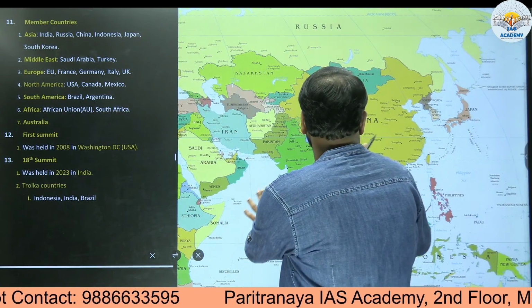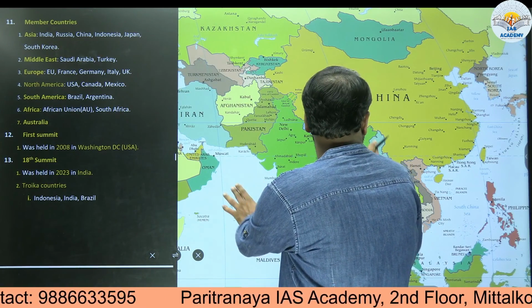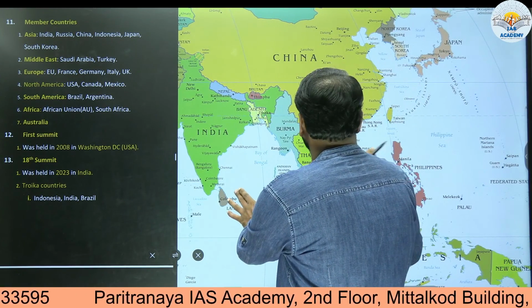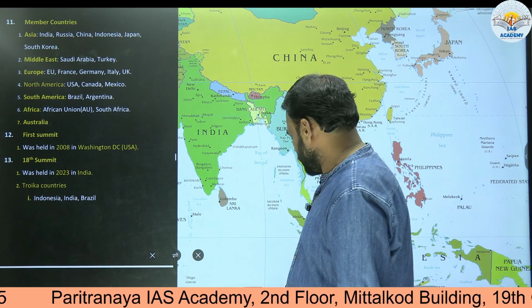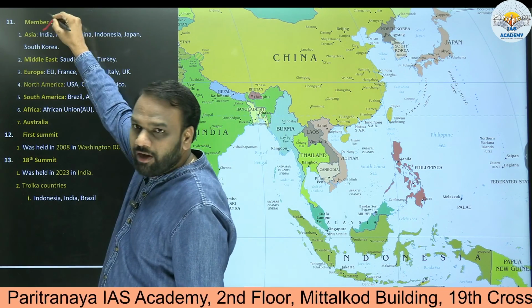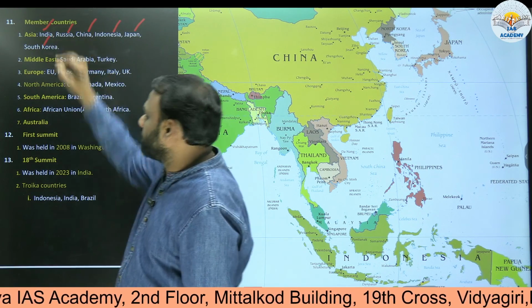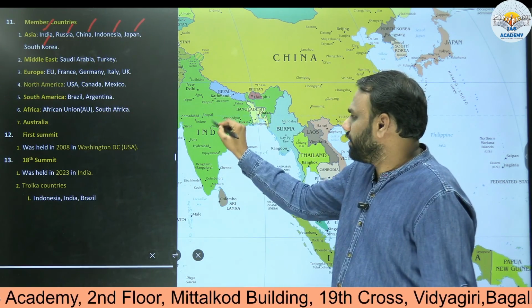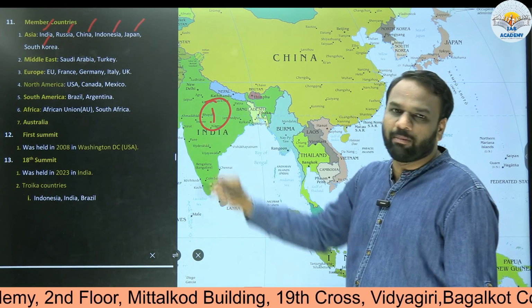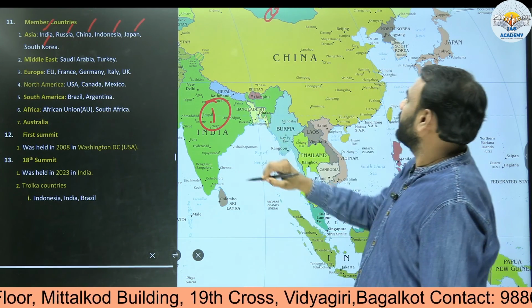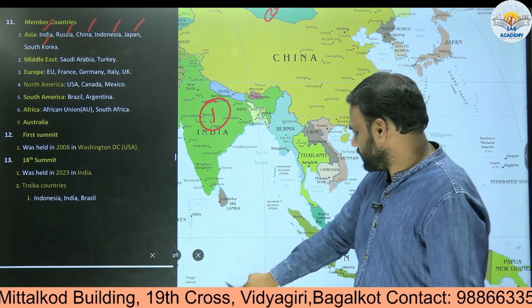So if you look at Asia, here we have India, Russia, China, Indonesia, Japan, South Korea. So in Asia, India is a member of G20. Similarly, Russia is a member of G20.